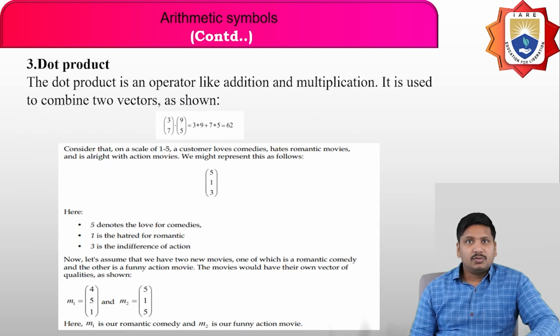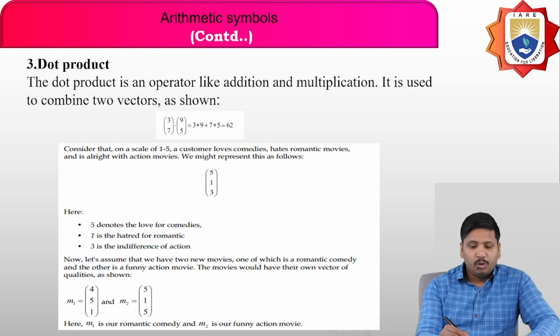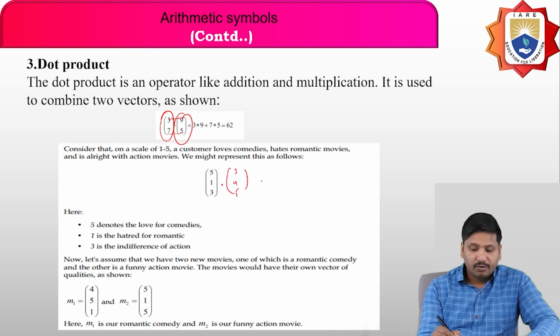And dot product is another operator where you can perform addition, subtraction, multiplication between two vectors. Suppose I have two vectors like 3, 7 and 9, 5. I can multiply: 3 into 9 and 7 into 5. Similarly, if I have another vector, I multiply it with 3, 4, and 5.